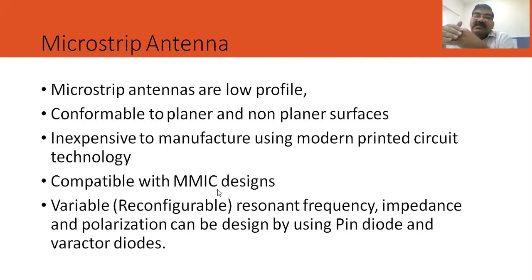Now we can say that integrated circuits are designed for low frequency applications, but for high frequency applications a specific technology, a specific material of IC, can be used for monolithic. So that technology is the microwave integrated circuit.